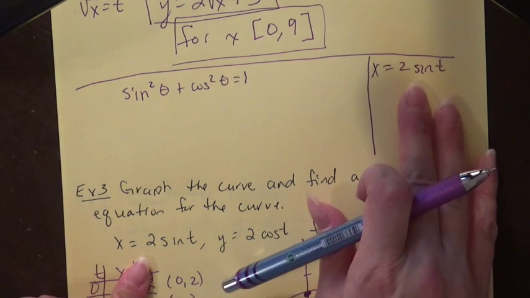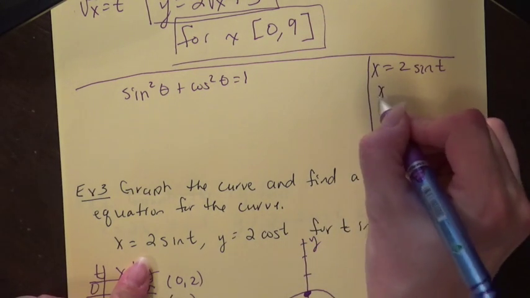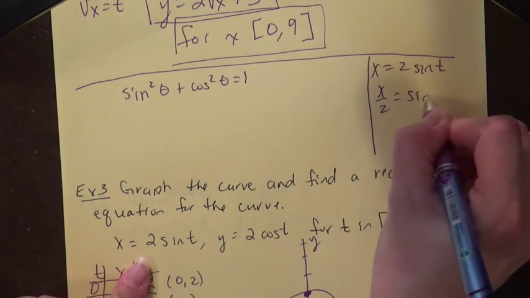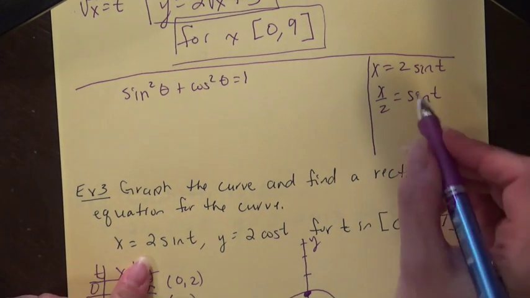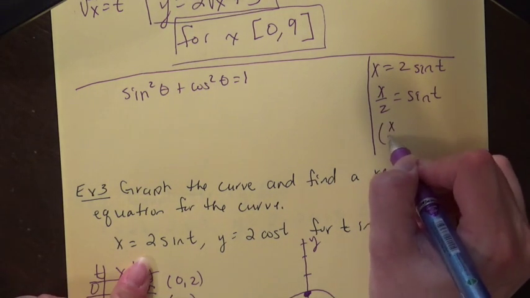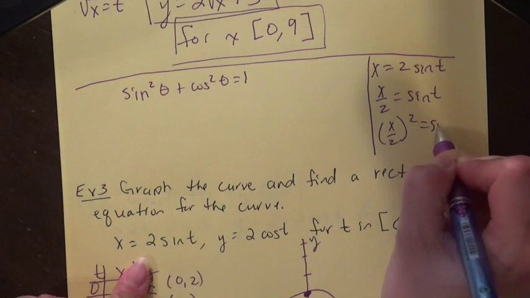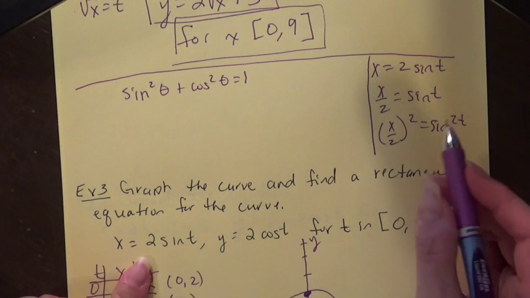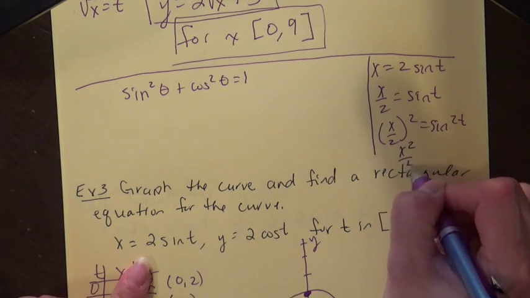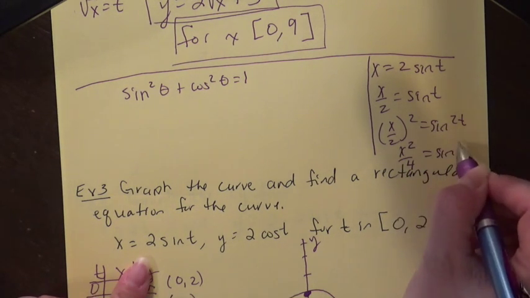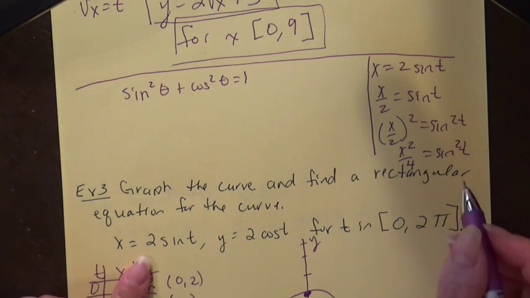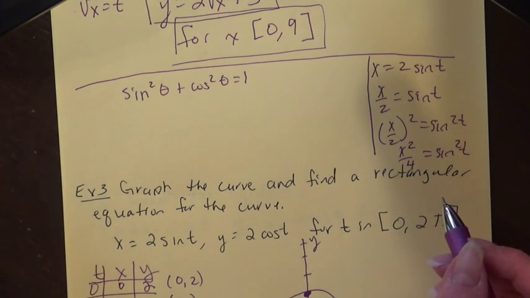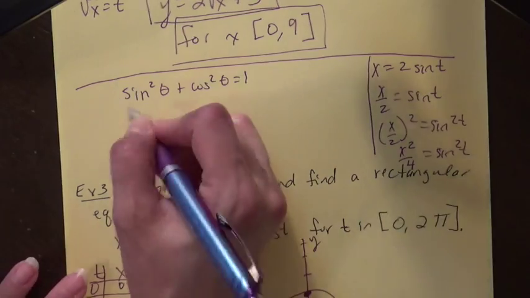If I solve this for sine of t, that gives me x over 2. If I square both sides, I've got x over 2 squared equals sine squared, and of course x over 2 squared is x squared over 4. So sine squared is equal to x squared over 4.